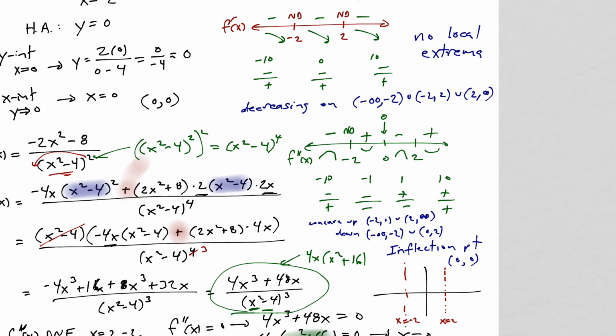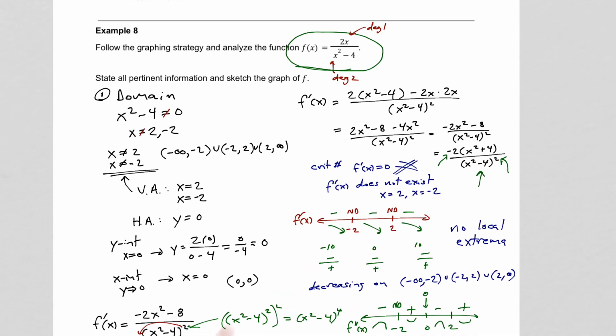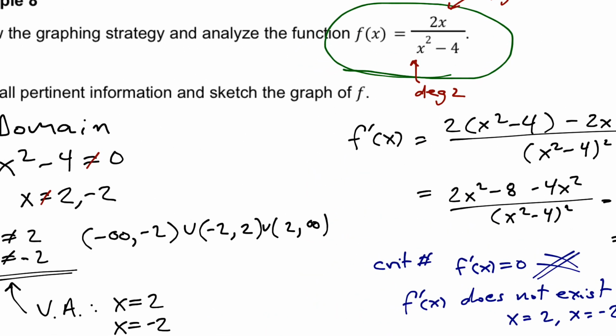And going back to the original function, I guess one thing that we didn't discuss, the function values are going to be negative when x is less than -2, and then they're going to be positive when x is between -2 and 0, because in that case we get a negative value over a negative value.